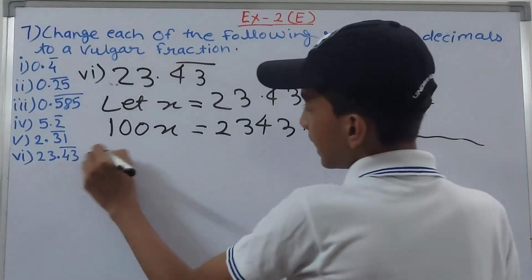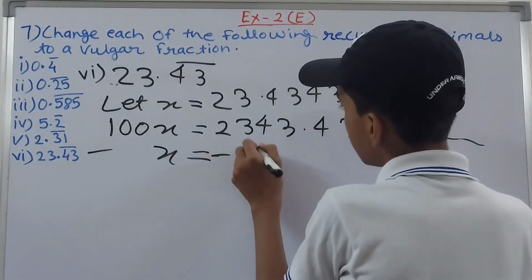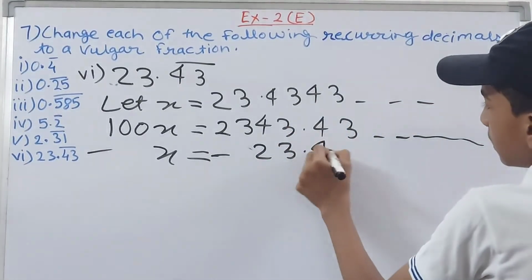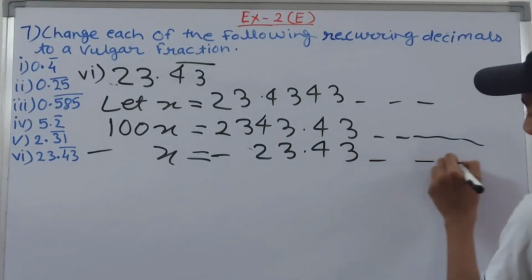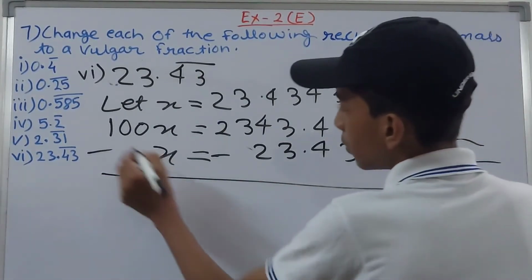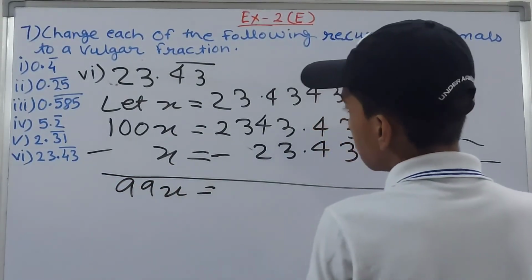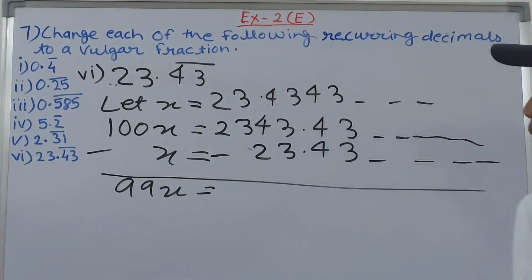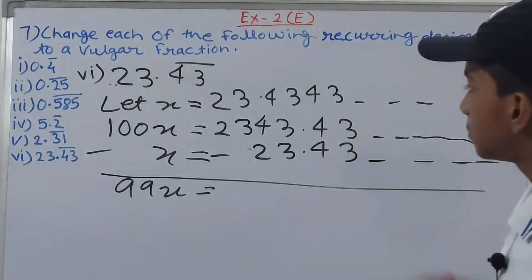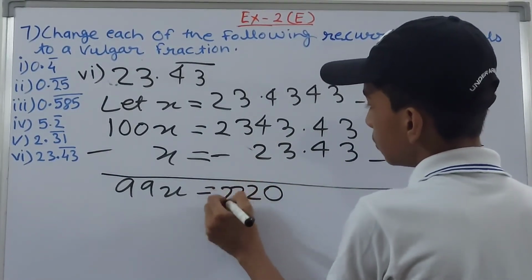So minus x here, this is equal to minus 23.4343. You can just write 43 once, it will have no effect. And this we can subtract. So 100x minus x is 99x is equal to 2343 minus 23, so 3 minus 3 is 0 and 4 minus 1 is 2, so 2320.